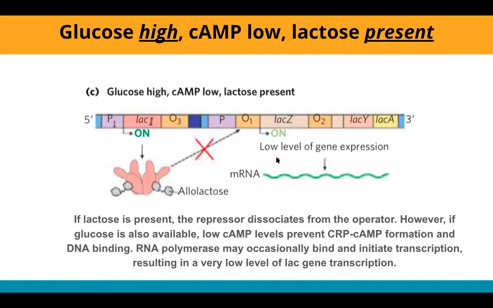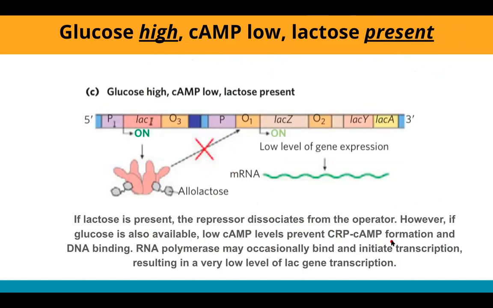Okay. Now, what happens if glucose is high? Therefore, cAMP is low, but lactose is present. If lactose is present, the repressor dissociates from the operator. However, if glucose is also available, the low cAMP levels prevent the CRP-cAMP formation and DNA binding.